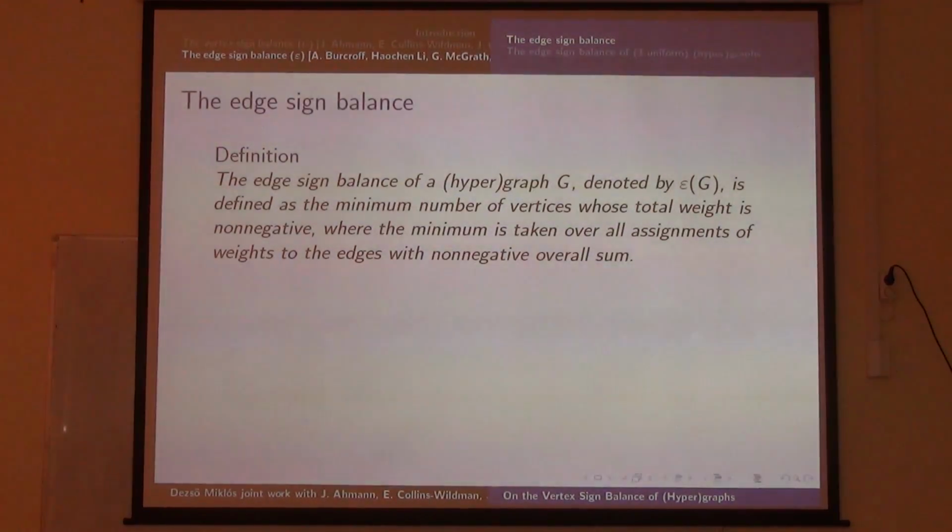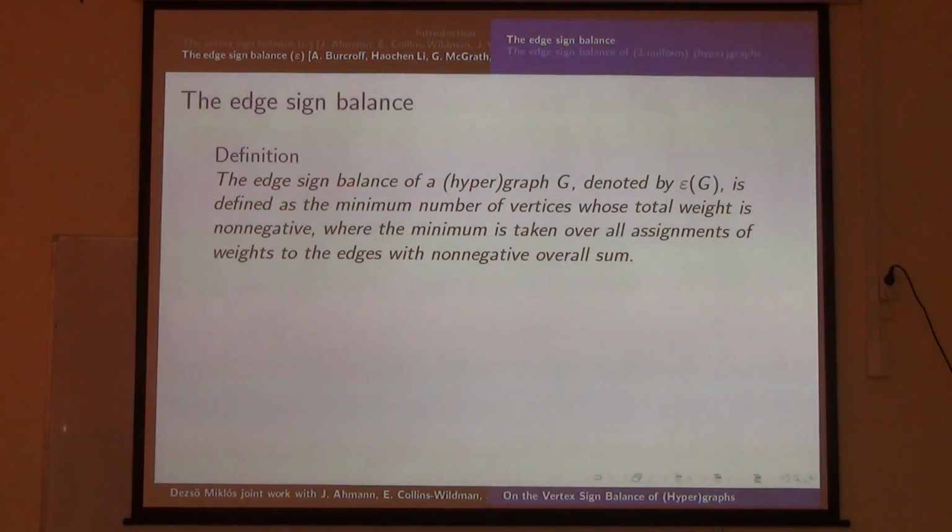So now instead of weighting the vertices, you want to weight the edges, and now a vertex will inherit the weights in the way that the weights of all the edges containing that particular vertex will be summed up. So you can do the same. You want to somehow assign weights to the edges which are altogether positive.